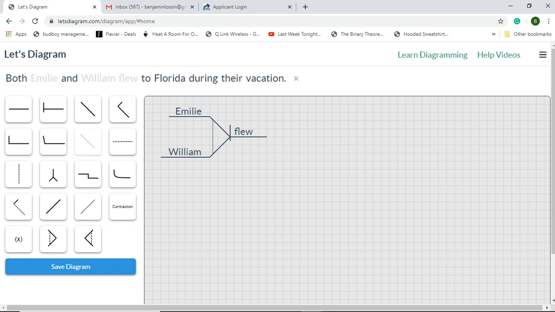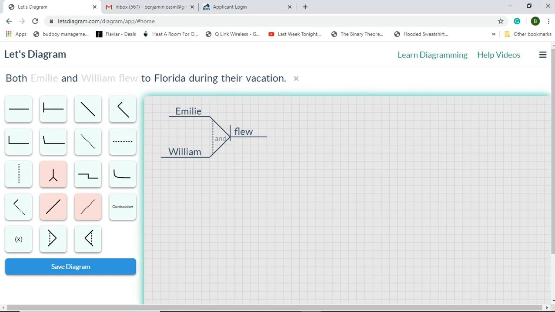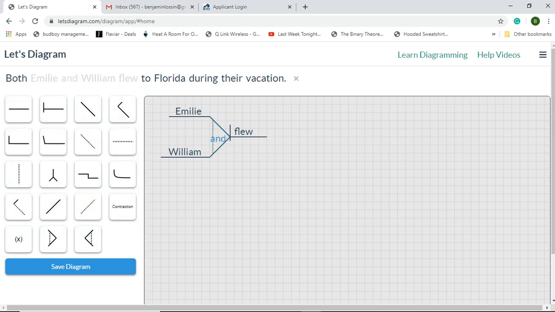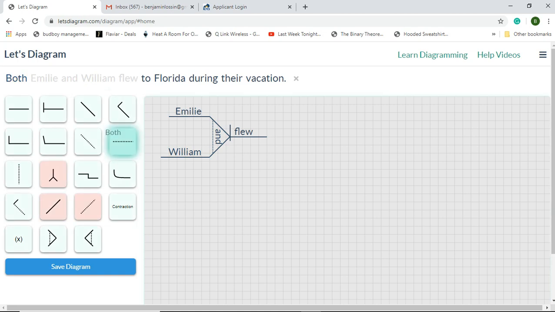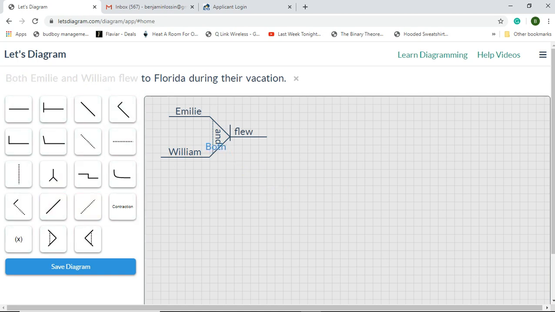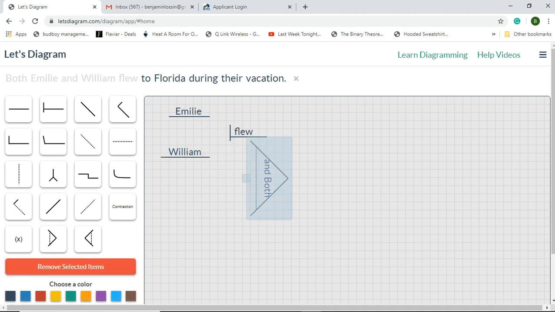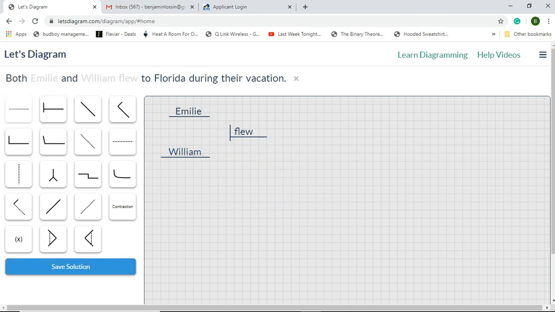Now, let's come back to Emily and William. How are they connected? They're connected by and. And they are connected by both. So this is a correlative conjunction. Let's try that again.